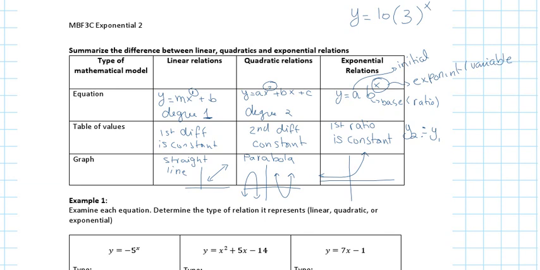So it could be increasing or decreasing, as long as it's flat on one end and increasing or decreasing fast on the other.